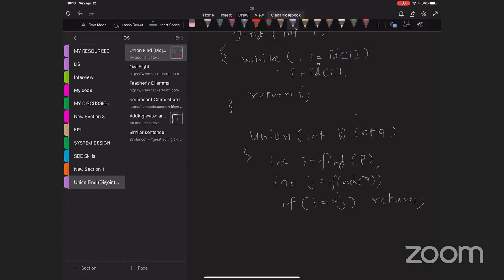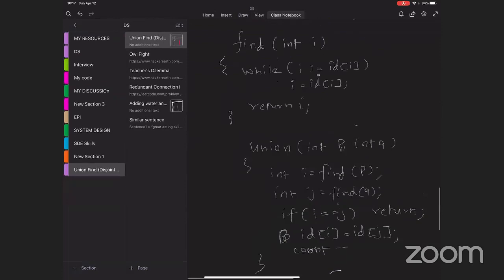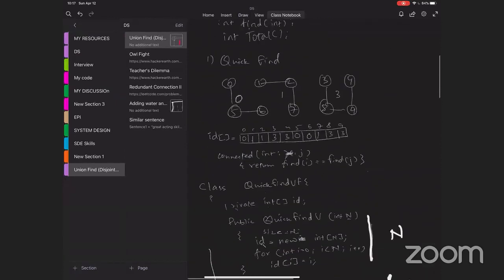Because both belong to the same group, right? Otherwise, we say that ID of I is equal to ID of J. If they are not the same, that means they belong to different groups and we are connecting them, right? And at that time, I'm going to reduce the count that I maintain globally. We can write that in my constructor.